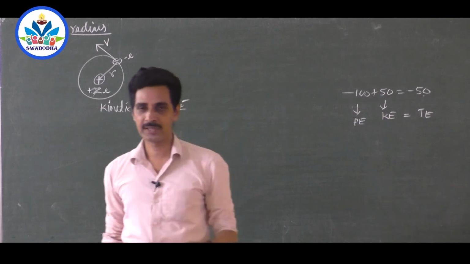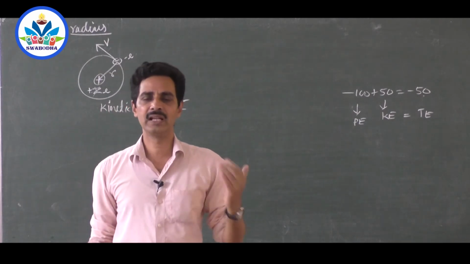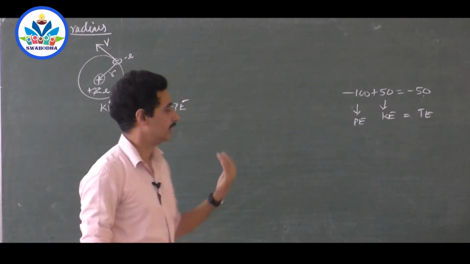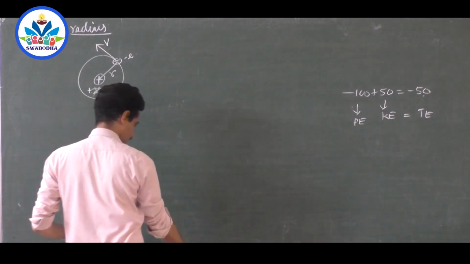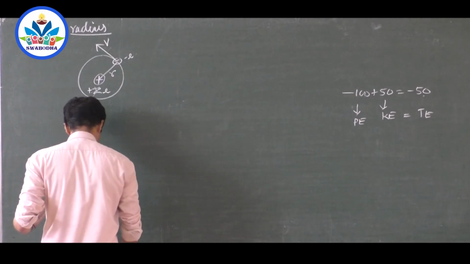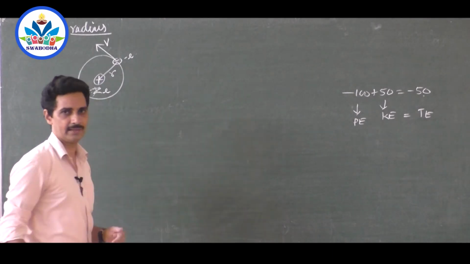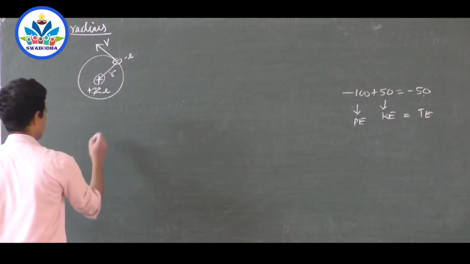So how do we get the expression for the total energy of the electron revolving around the nucleus? Now we will do it like this. Very simple. First go for the centripetal force. Bohr's theory again. What does centripetal force say?